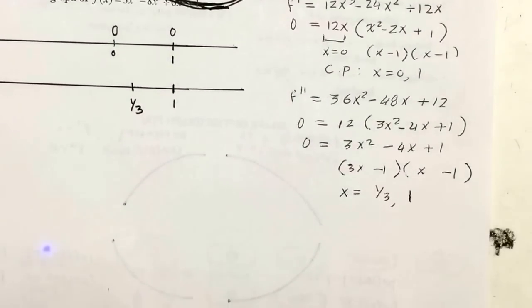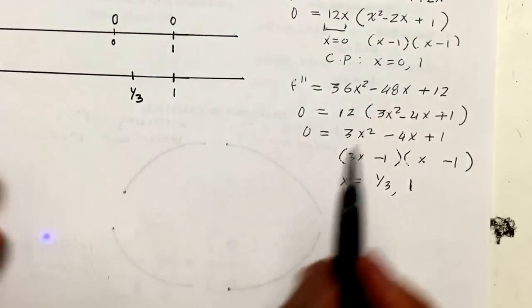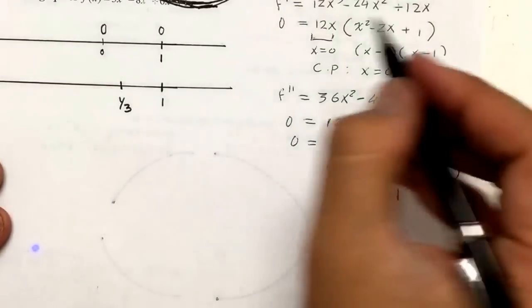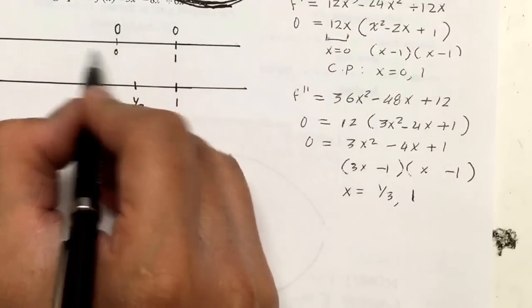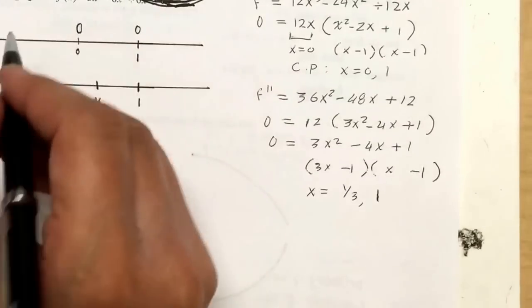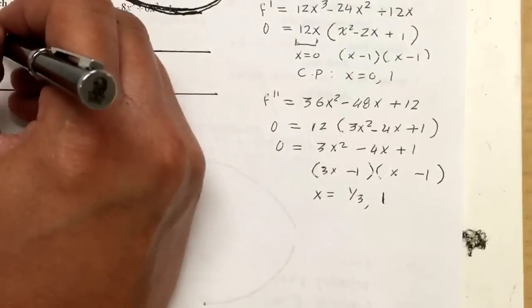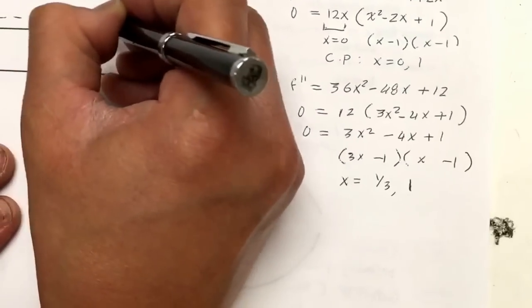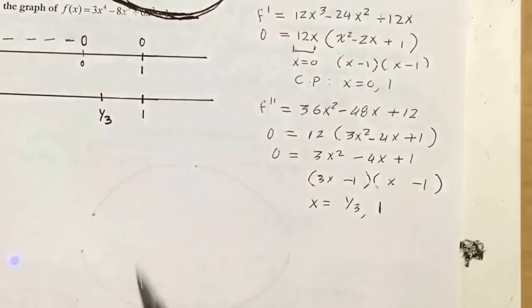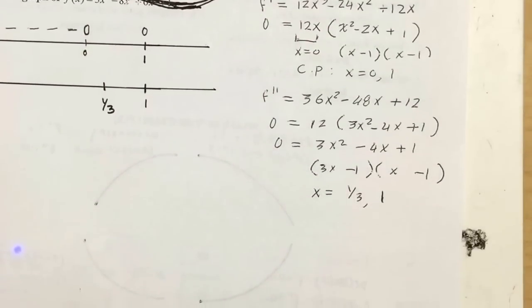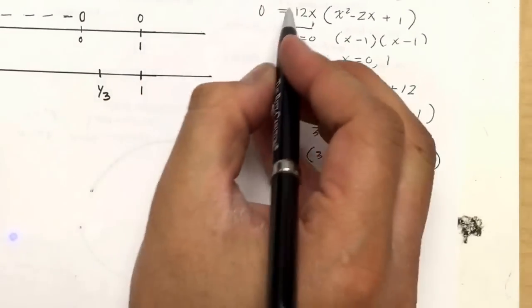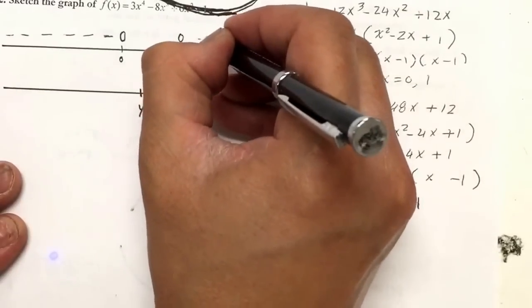And now we're going to finish this sign chart. When you pick a number to the left of 0 and plug it in there, it is going to be a negative sign. When you pick a number to the right of 1 and plug it in there, it's going to be a positive sign.